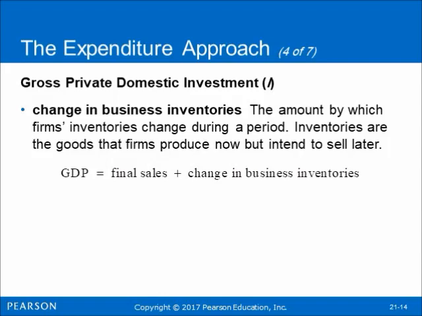Inventories are the goods that firms produce now but intend to sell later. So generally, GDP would include final sales plus the change in business inventory.